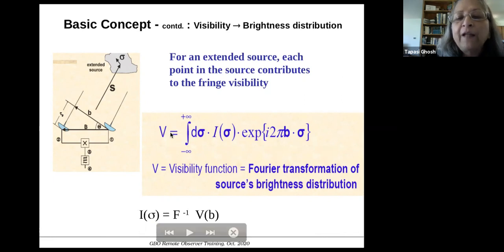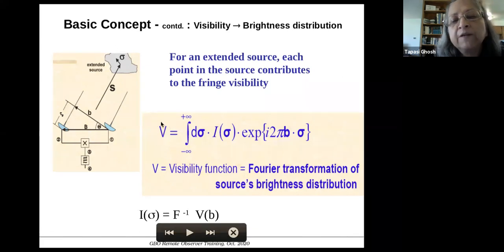Now, if we look at this equation from a mathematical point of view, this I of sigma is the intensity distribution in the sky plane. What we are measuring here is the visibility. If you look at these two, it looks like they are Fourier transforms of each other.